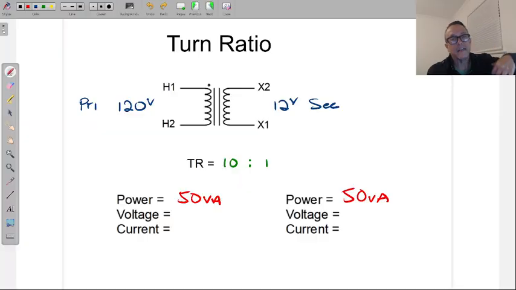All right, the transformer is not giving anyone 50 watts or 50 VA.